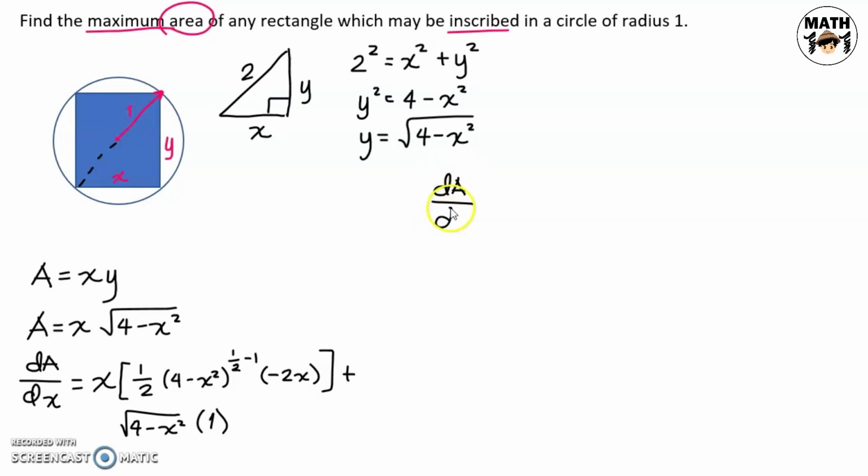Derivative of A with respect to x is equal to, so we can cancel 2 here. Then x times negative x is negative x squared multiplied by 4 minus x squared with the exponent na negative 1/2, plus square root of 4 minus x squared.